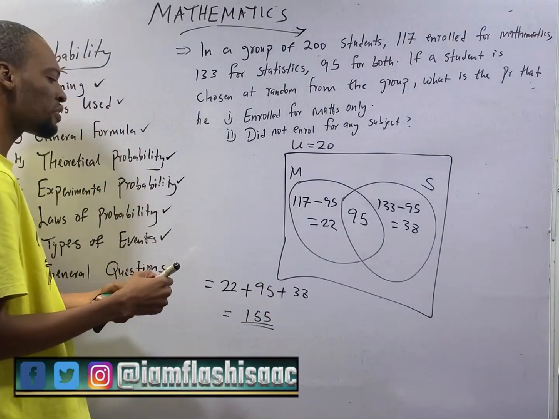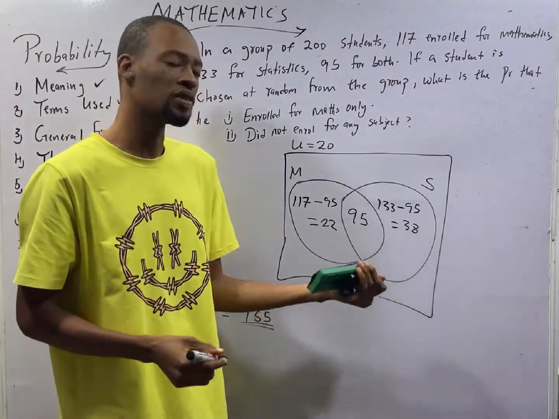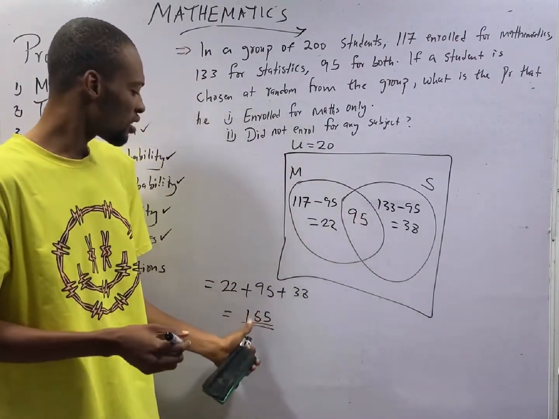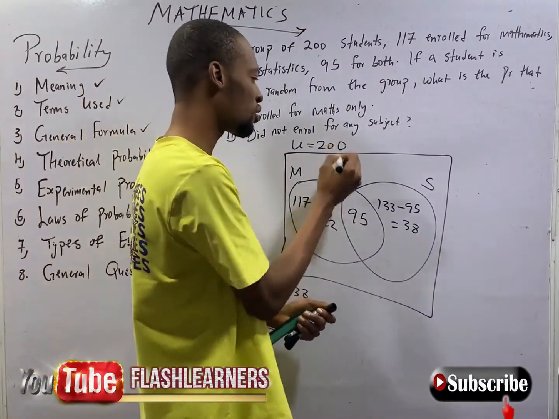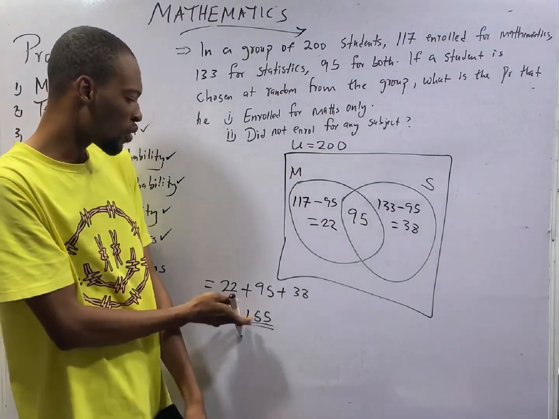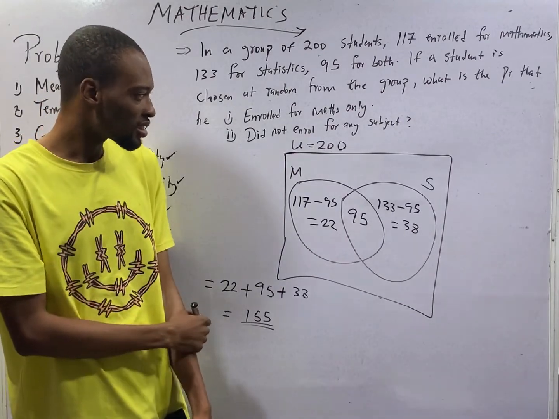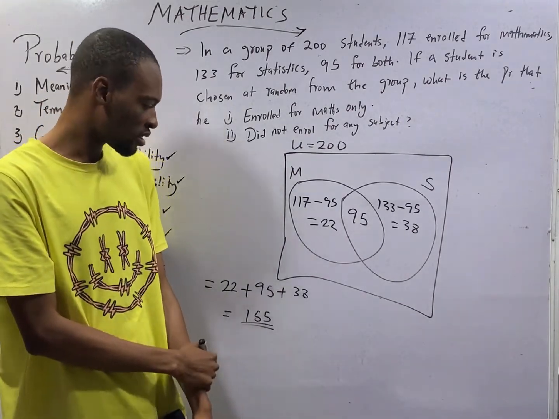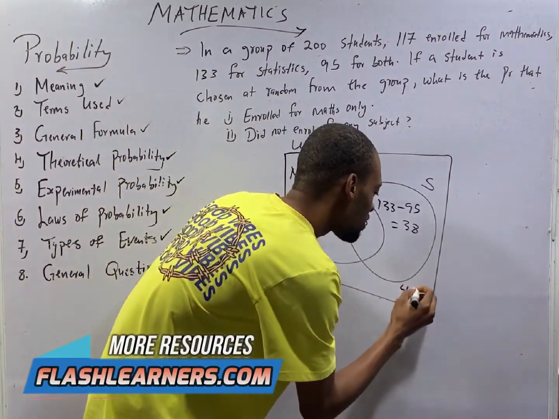So 155 candidates registered for at least one of the two subjects. Look at something. We have 200 students in total. Out of the 200 students, only 155 registered maths, statistics, or both of them. This implies that 45 students did not register any of them.